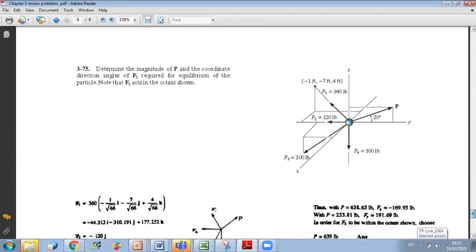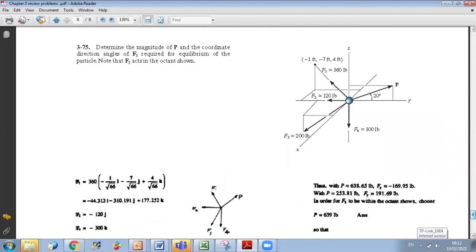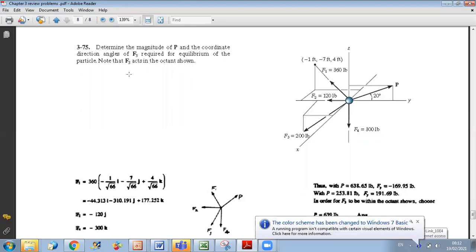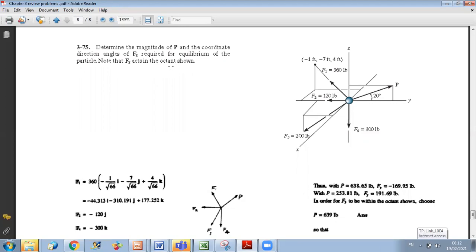Okay. The last problem of chapter 3: determine the magnitude of P and the coordinate direction angles of F3 required for equilibrium of the particle. Note that F3 is in the octant shown. So this is a typical problem of equilibrium.